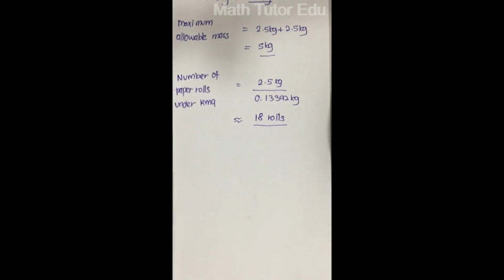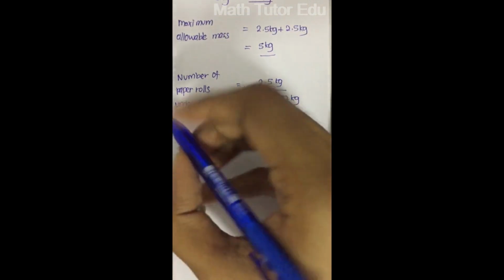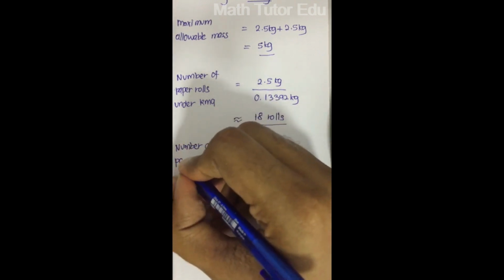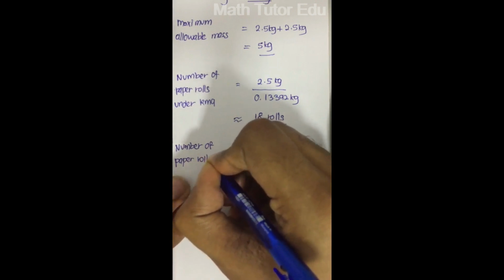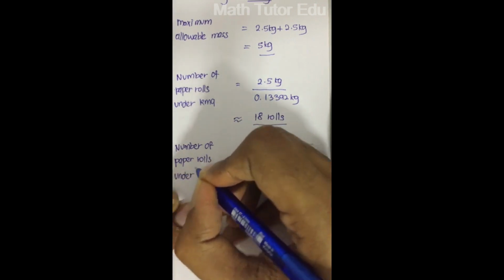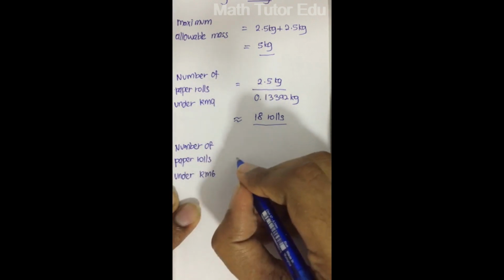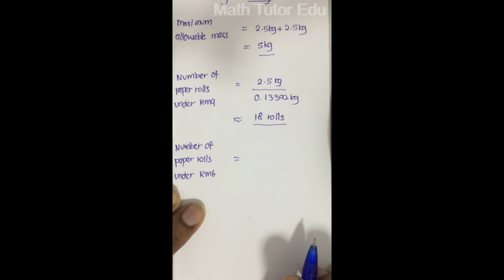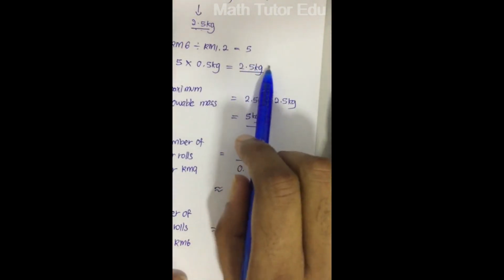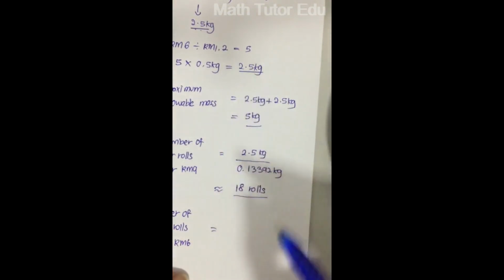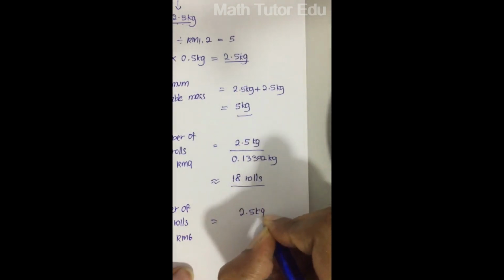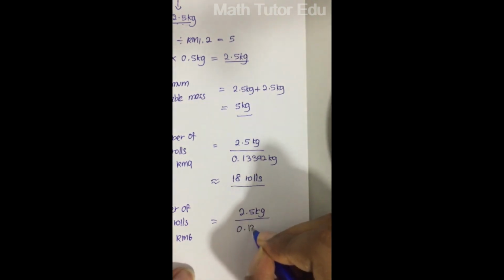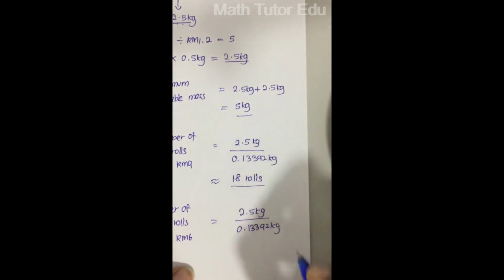Now we focus on the number of paper rolls under 6 ringgit. The number of paper rolls under 6 ringgit is very simple. You divide the mass of 2.5 kg by the mass of one rectangular roll of paper, which in this case is 0.13392 kg.